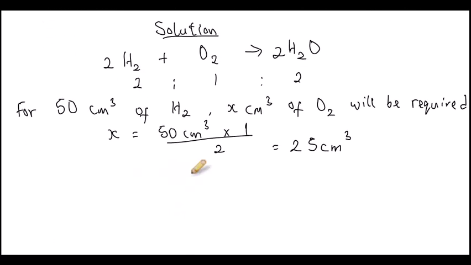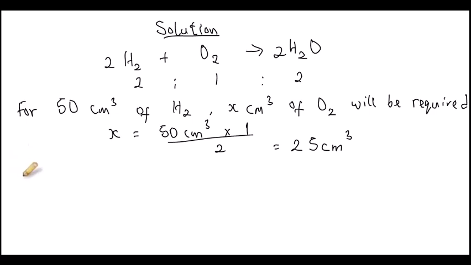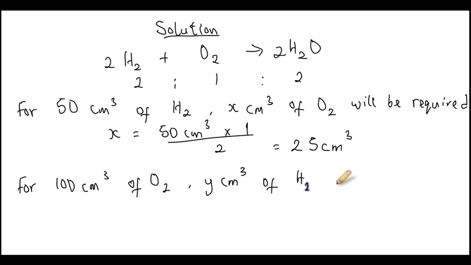Let's see. For 100 cm³ of oxygen, that's the volume of oxygen given, if we used everything, Y, I'll be using Y now instead of X so as not to be confused in our calculations, of hydrogen gas will be required.